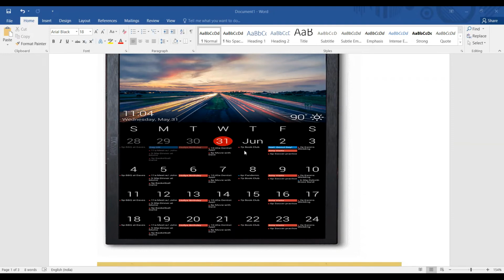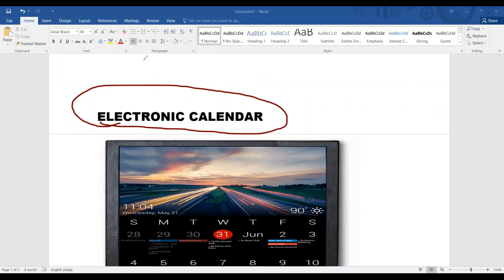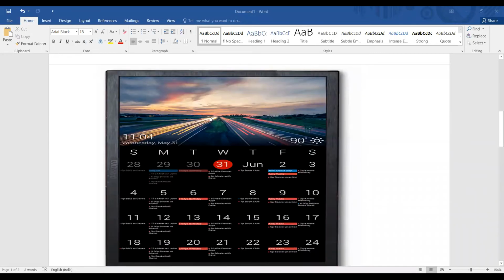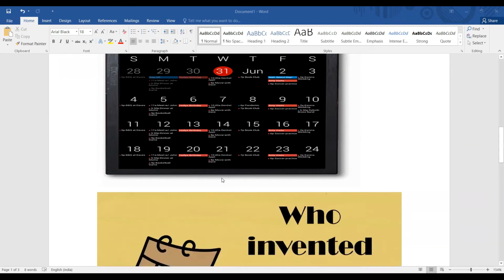So those types of calendars are called electronic calendars. What are they called? Electronic calendar. Okay, children. So why are we using this electronic calendar? Because it is very easy to carry. It always gives us a reminder message. So for these comforts, we are using the electronic calendar.